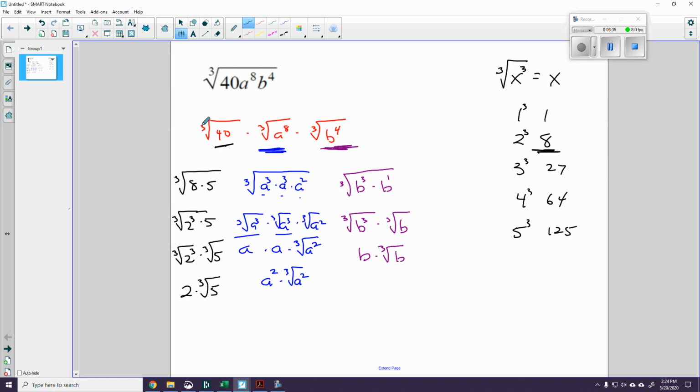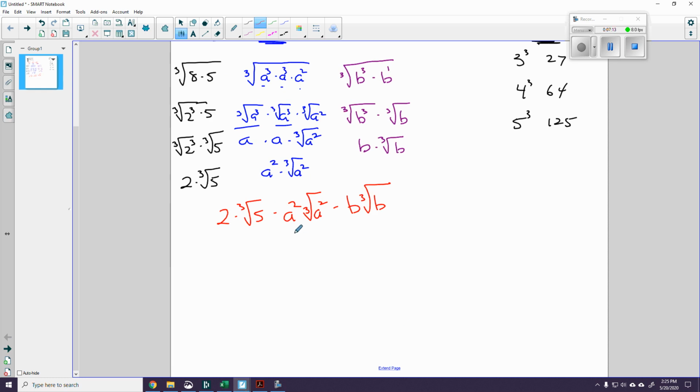Again, I'm looking for perfect cubes because my root here is a cube root of 40, and this is what I got. If I'm looking to take this whole thing now and simplify it, I'm going to have 2 times the cube root of 5 times a squared times the cube root of a squared times b times the cube root of b.